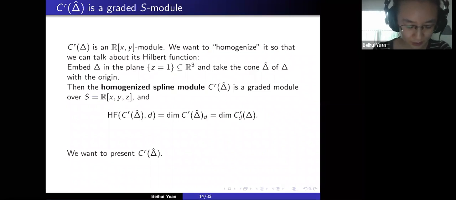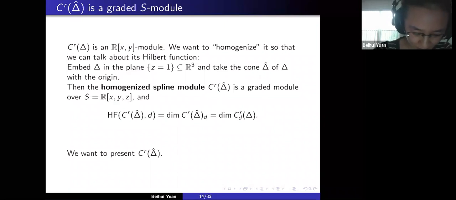Because we want to use commutative algebra tools to study this, and especially we want to use free resolutions and Hilbert series, that's what I really like. So I want to have some graded S-module. We want to homogenize this spline module. This is not a graded one, but we want to have a graded one.